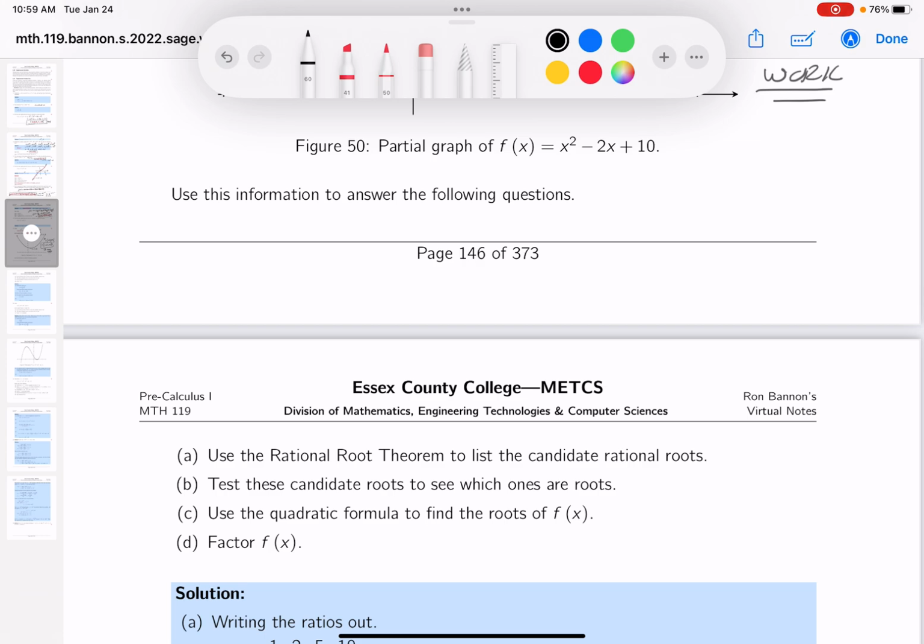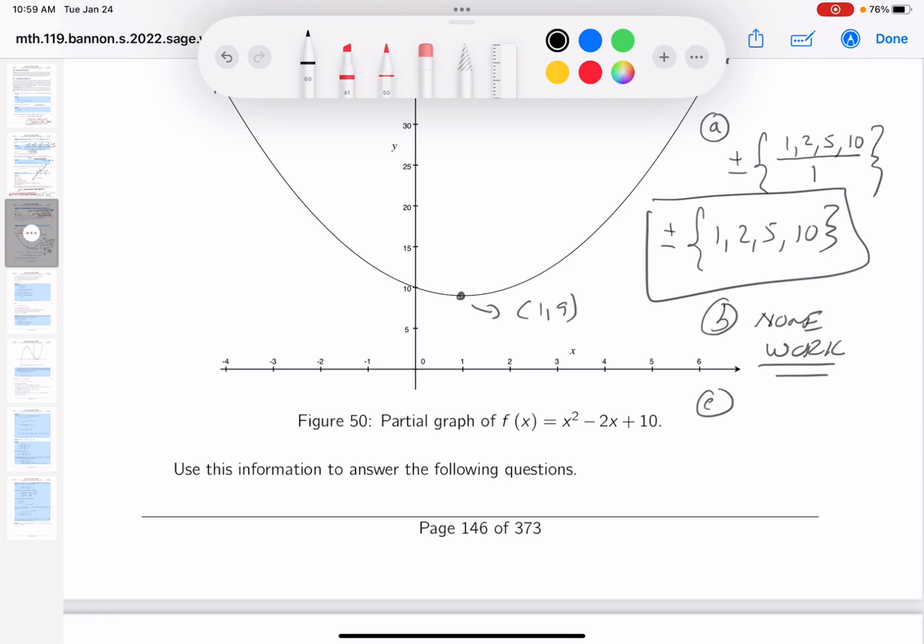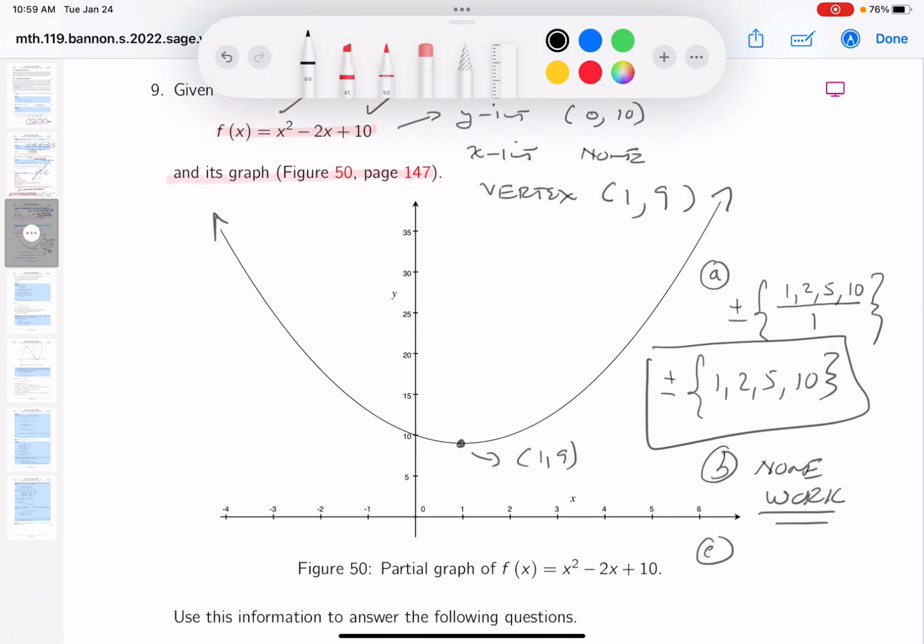What's the other thing it says? Use the quadratic formula to find the roots. Let's do that. I'll look at the key later, by the way. I'm on to C. Quadratic formula, relatively simple. X equals 2 plus or minus, these are going to be complex, by the way, the square root of 4 minus 40.